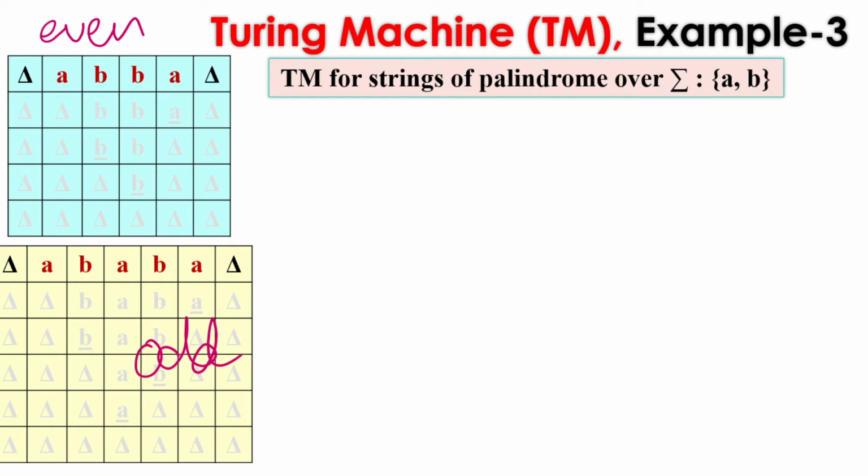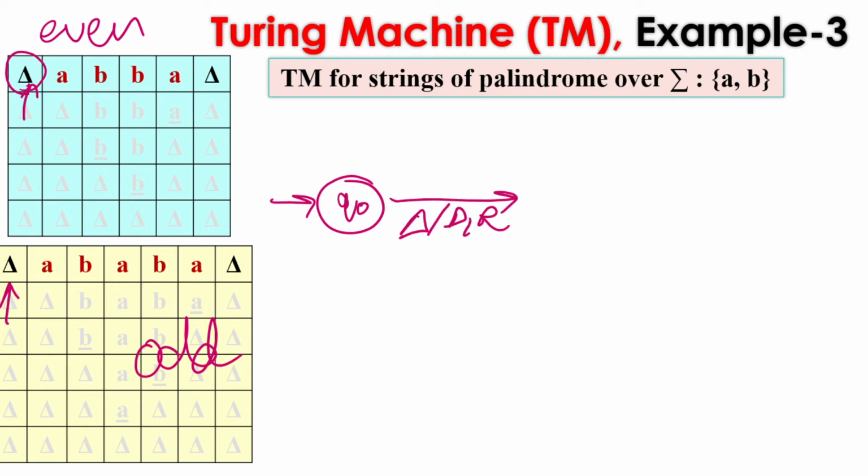As all inputs start with a blank, the first cell is having a blank, so we just need to replace blank with blank, as this is the common step for every Turing machine. So replace this blank with blank from the initial state Q0 and move to the next state Q1, blank with blank, and move right.